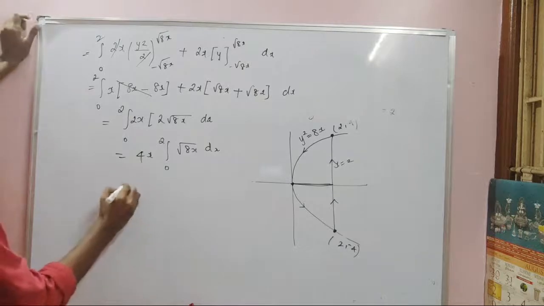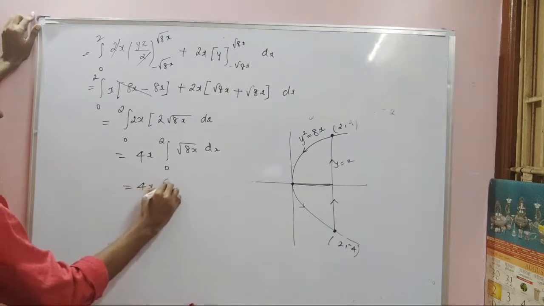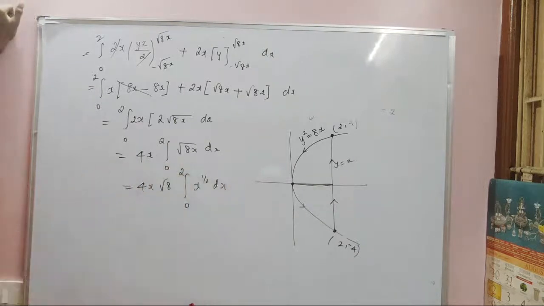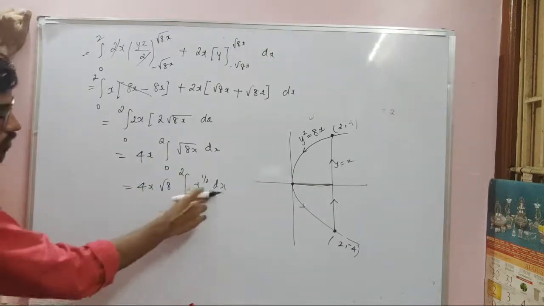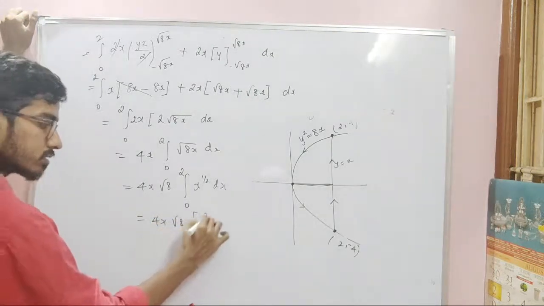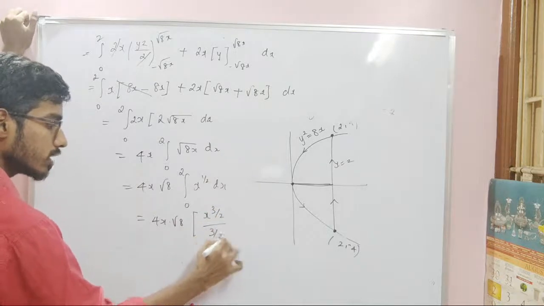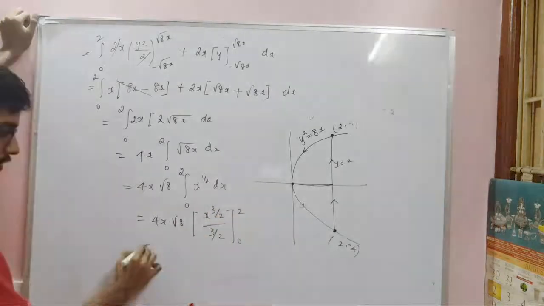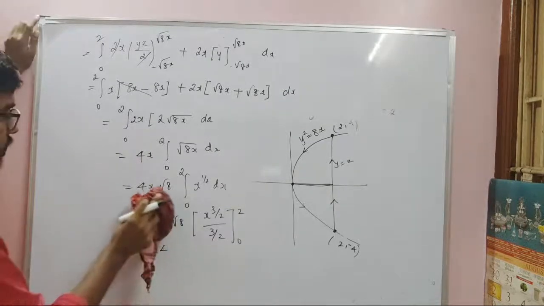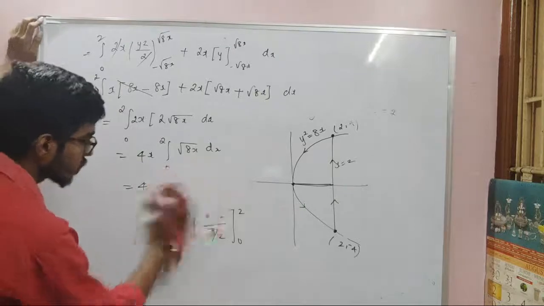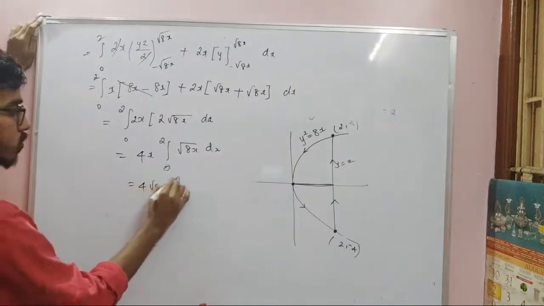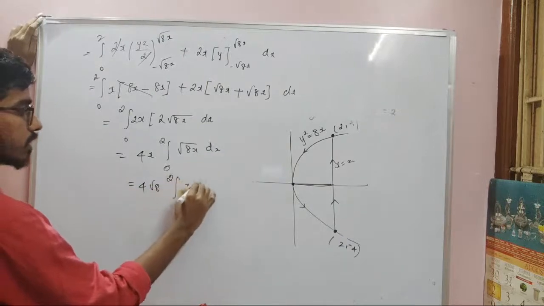Now this will be 4 times, and I can take root 8 outside. I can write root 8x as root 8 into root x. So we have 4 times root 8 integral 0 to 2 of x into root x.